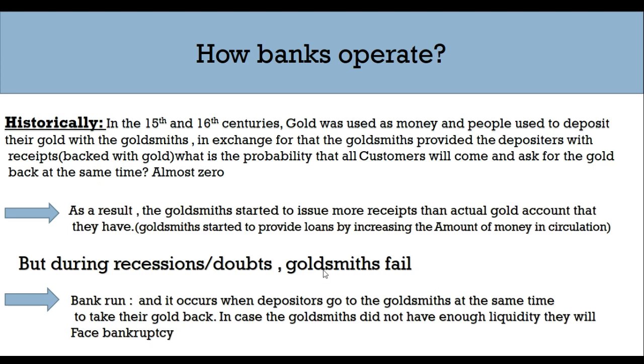And in this case, if the goldsmith did not have enough liquidity, like enough gold to give back to the customers, then they would face bankruptcy, meaning that they would fail in giving the customers their gold and at the same time would have to pay from their personal account, for example.